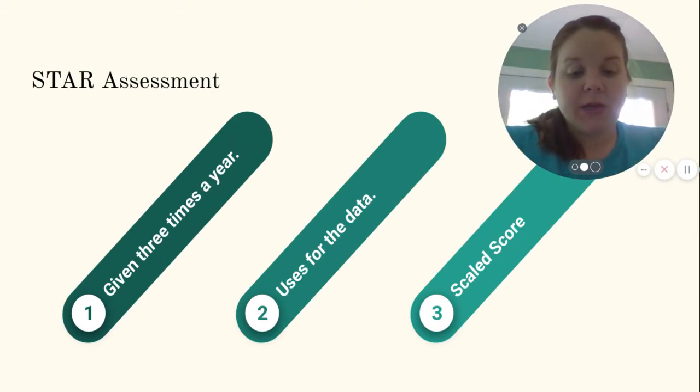A skill score is calculated based on the difficulty of questions that they get on the STAR assessment and the number of correct responses that they have. Because of the same range that's used for all students, skill score can be used to compare student performance across the grade level. STAR reading is scaled scores between 0 and 1400, and all norm reference scores are derived from the skill score.